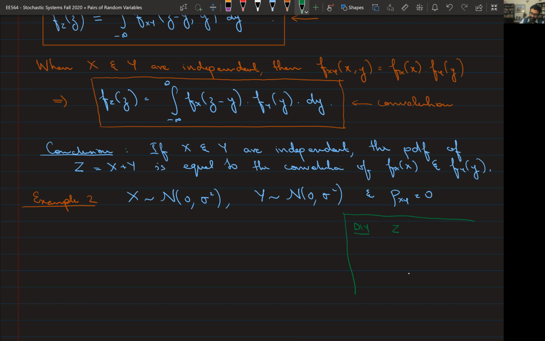If X is Gaussian with mean mu X and variance sigma X squared, Y is Gaussian with mean mu Y and variance sigma Y squared, and they're jointly Gaussian with correlation coefficient rho xy, show that Z equals X plus Y is also Gaussian. This may be a little tedious, but it's doable.